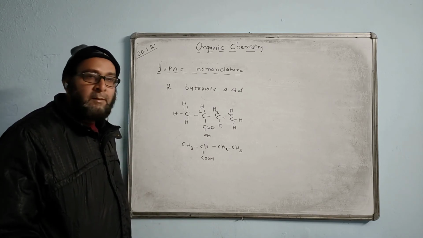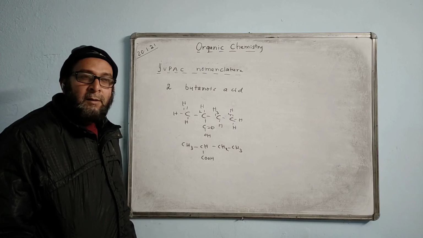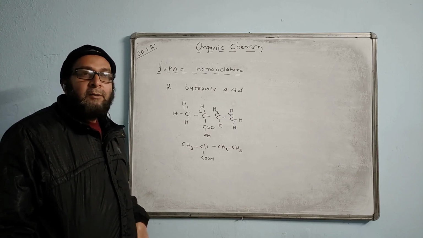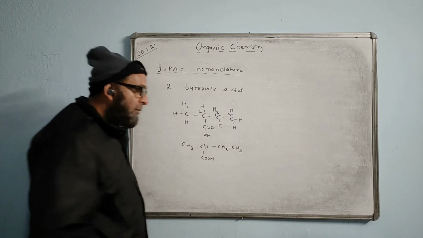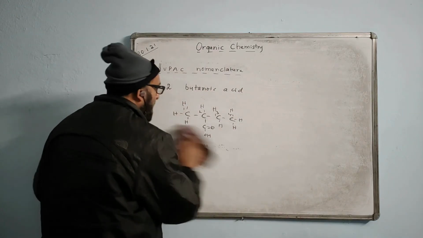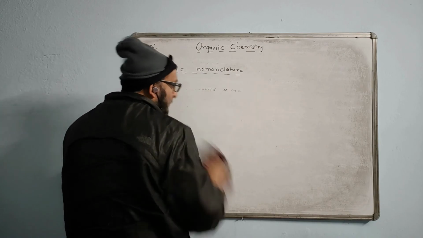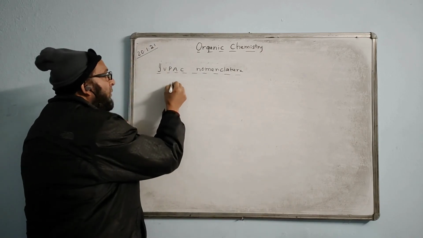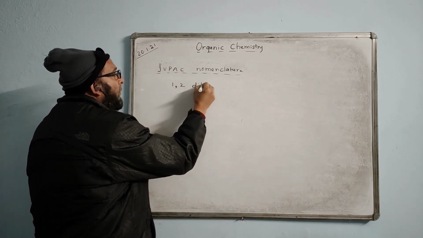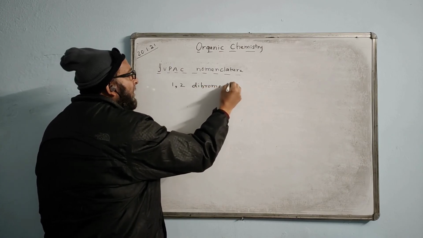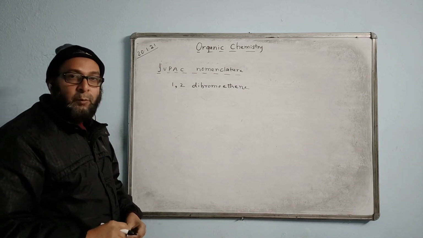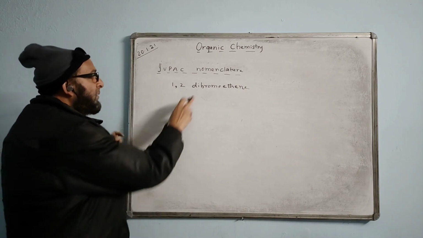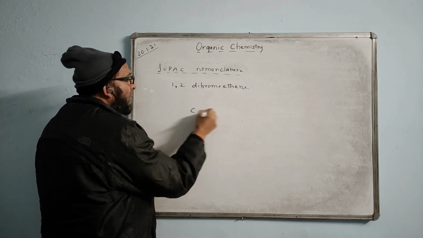Yes. Now write out the formula. The IUPAC name given is 1, 2-dibromoethene. Dibromoeth means 2 carbons.